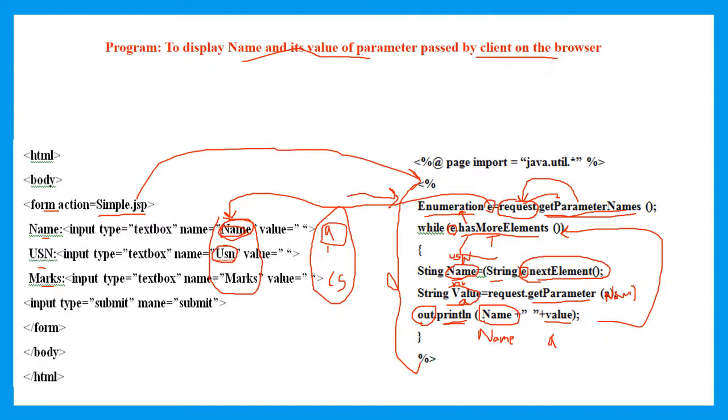For that we will make use of the getParameter method, and it takes the argument name which contains USN, and the value will be assigned to the variable called value, that is 1. So the name contains USN and value contains 1. This will be the output.